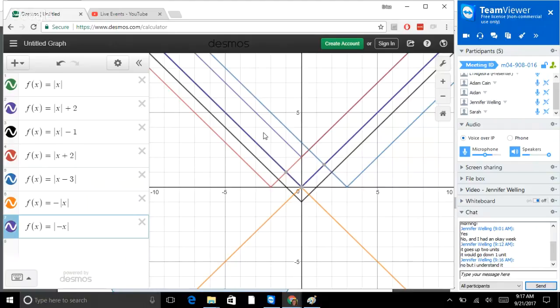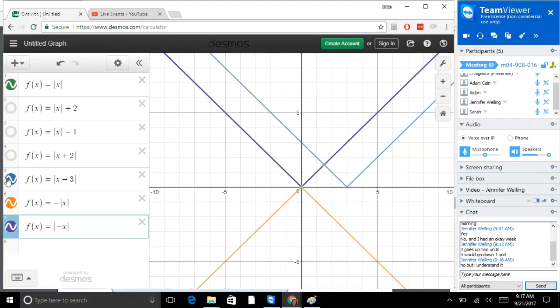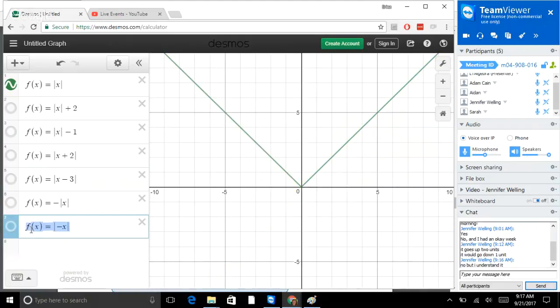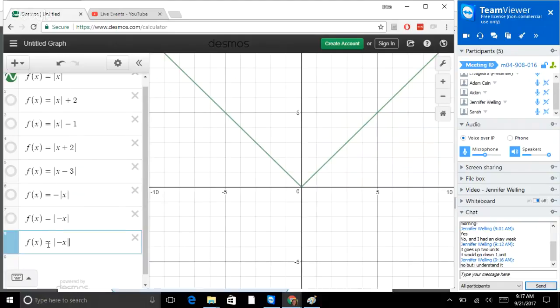Okay, and so an example of that would be, let's take all these off, go back to our original guy. So an example of a non-rigid transformation would be, let's take our original function, okay, and let's multiply our original function by 3.